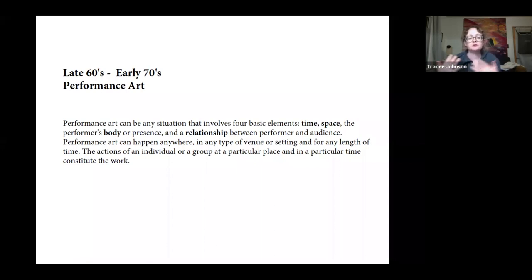Those are the four defining features of performance art. And as you see at the top of the slide, we're in that postmodern shifting period around the 60s and 70s, and that is in the art world when performance art started to be defined.